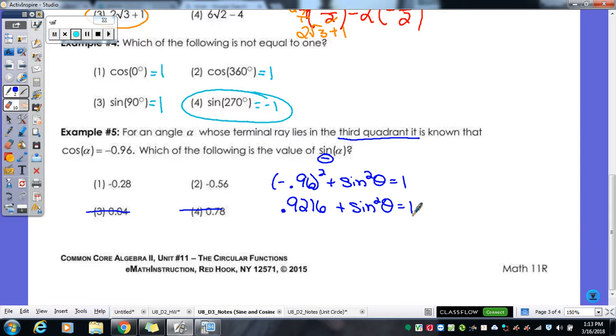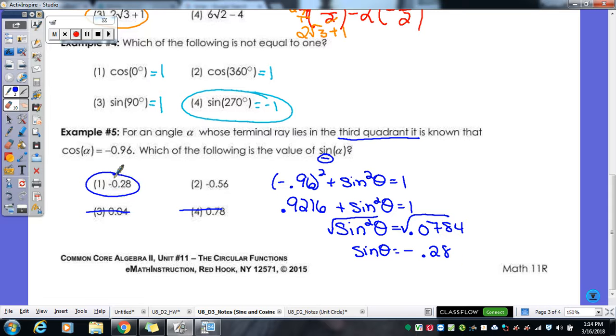Yep, subtract the 0.9216 over. What do we get? And then our last step: square root. And again, we said we wanted the negative. In your calculator, type in the square root of 0.0784. Yep, so -0.28, which is choice 1.